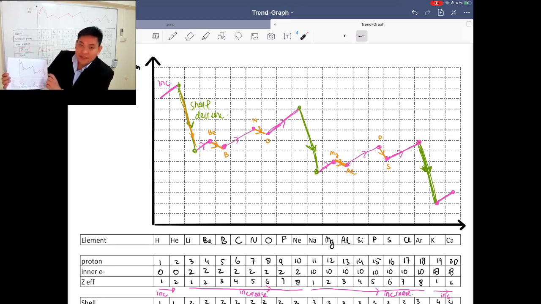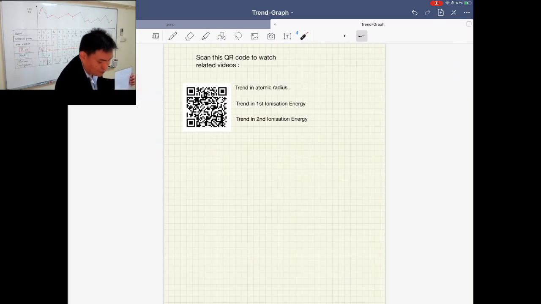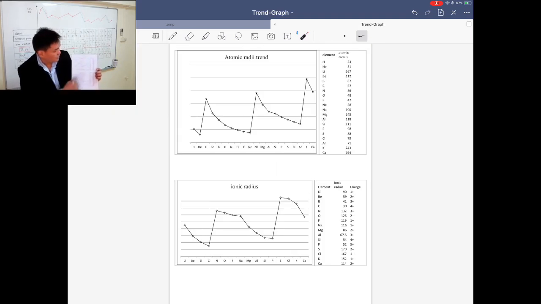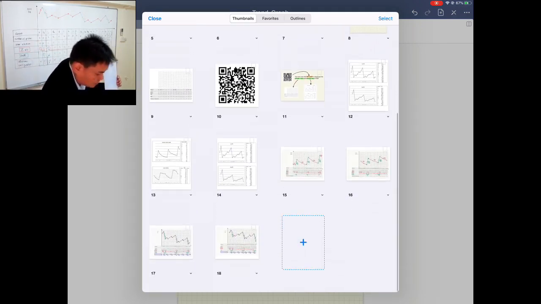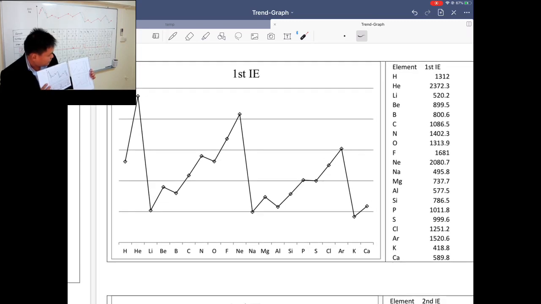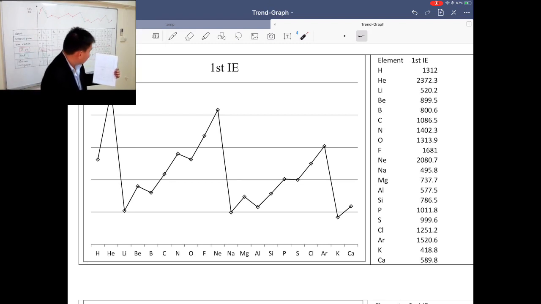This thing is posted on the website also in singaporestudent.com. The correct one is of course from the computer generated graph like this. So this is the first IE, so it looks quite similar. Of course, you can't expect it to be 100% correct, but for sketching purpose, it is correct, right?